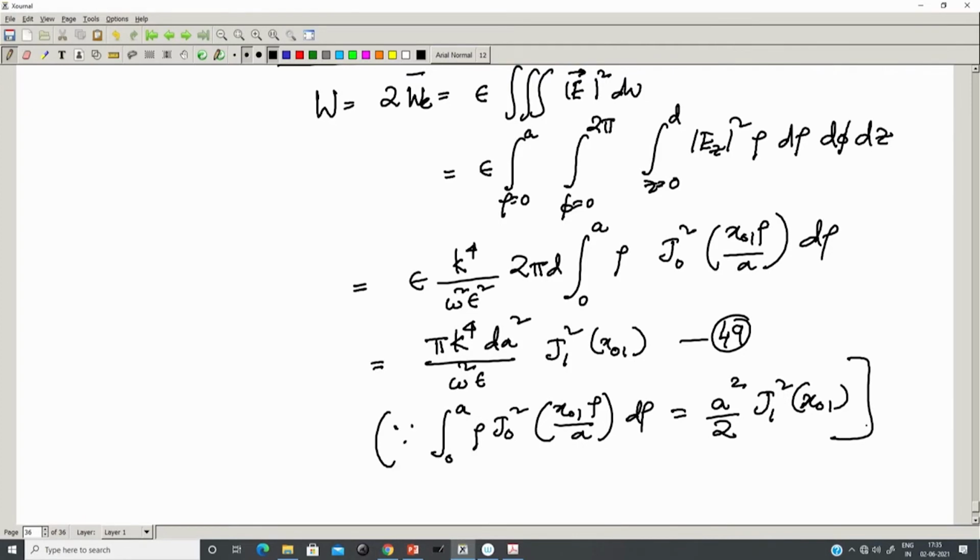Okay. So, here we note that del del z equal to 0 and E rho equal to E phi equal to 0.